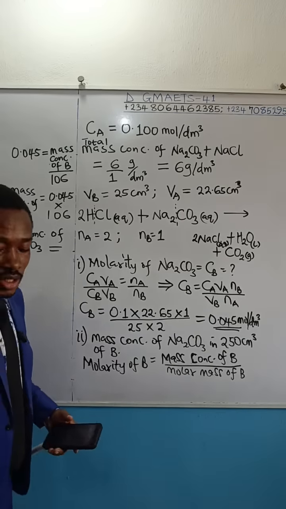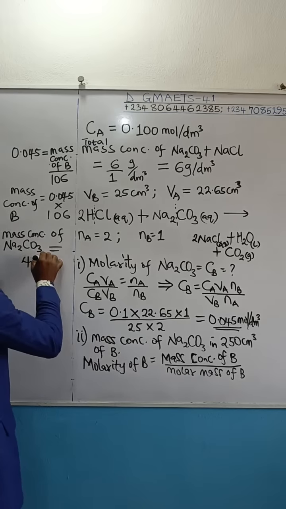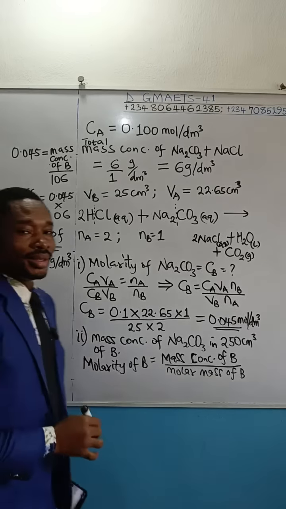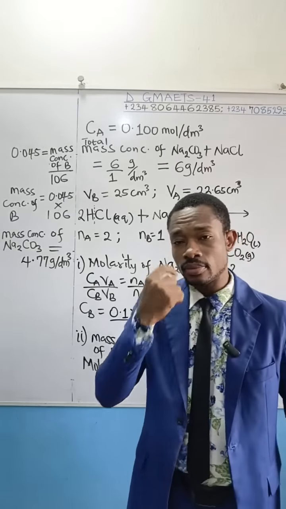So this is 4.77. This is equal to 4.77 gram per dm cube. You can decide to approximate 4.8 gram per dm cube. The choice is yours.